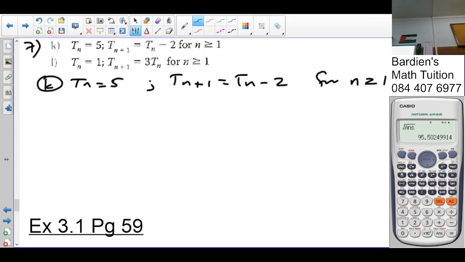Okay. So if n is 1, okay, there's actually a mistake here. You're supposed to have T1. Does it make a difference to your understanding now?